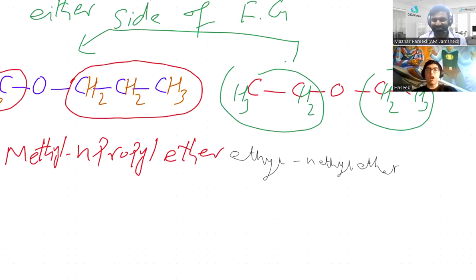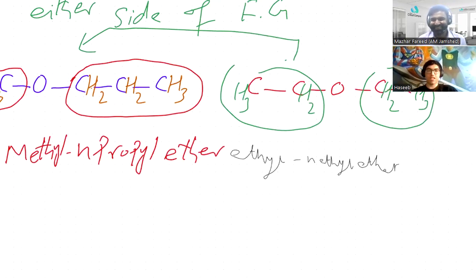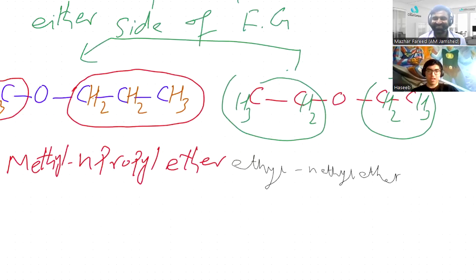So it's di and ethyl, diethyl. When there are the same groups, then you don't need to place N. So its name will be diethyl ether.